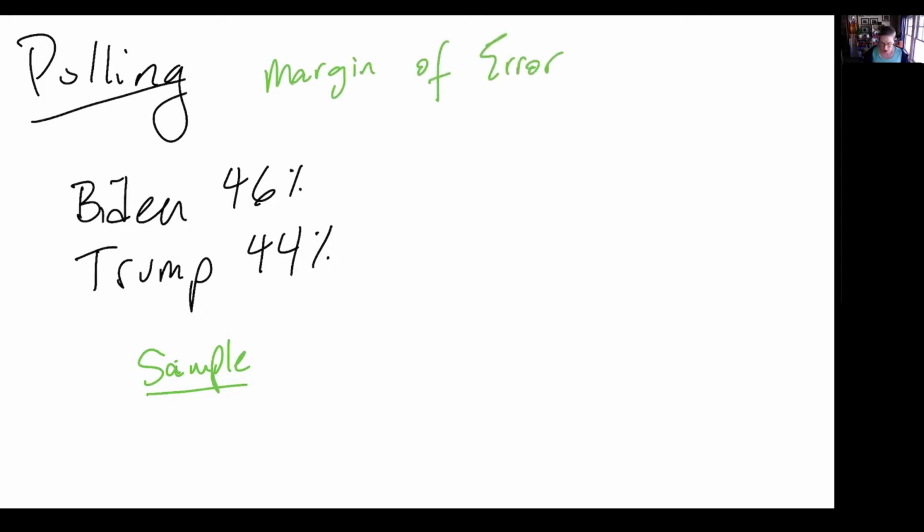The margin of error for sampling is typically between 1 and 3%. So let's say for this one it's 2%, just for the sake of argument. Every time you see a poll like this, you should always be looking for the margin of error, because the margin of error is where we get the interval that we're extrapolating.